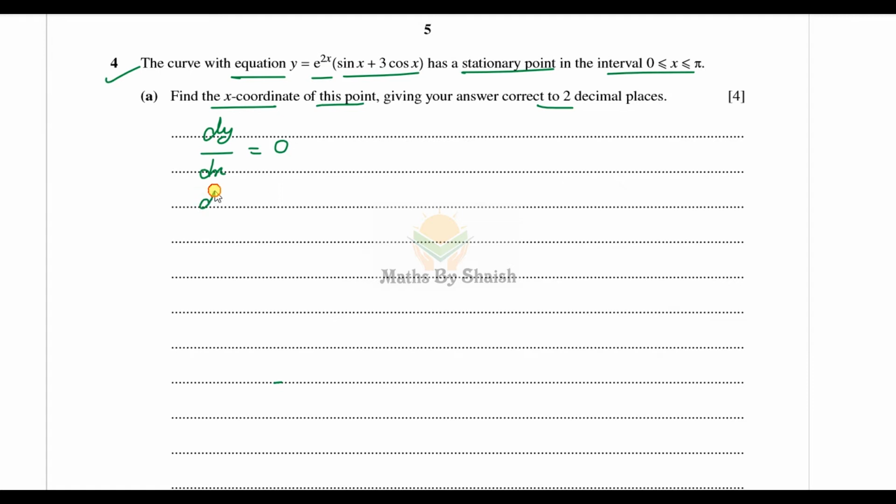So dy over dx is equal to the first function as it is, e raised to the power 2x, times the differentiation of the second function, which is a combination of sine x and cos x.